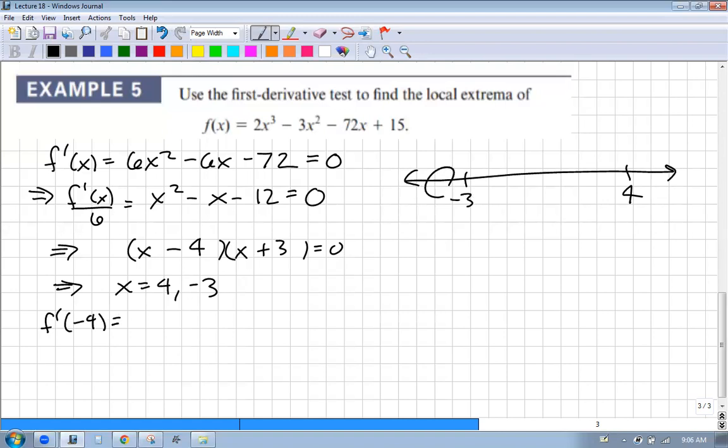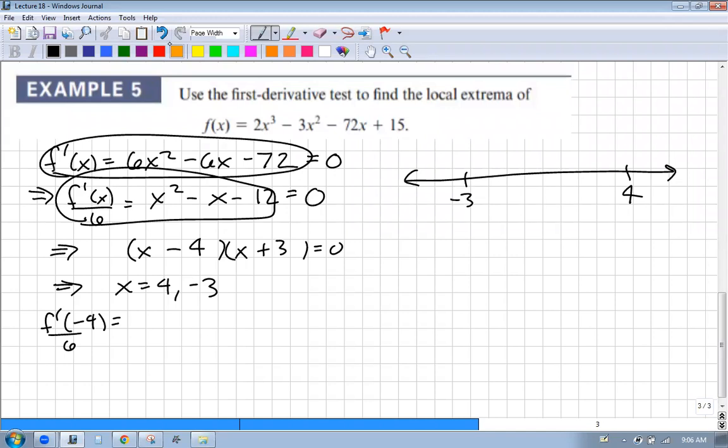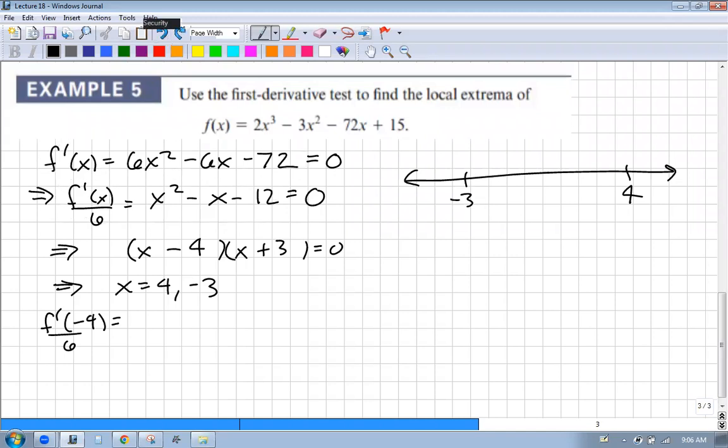Rather than plugging it into the full derivative, I just want to know if it's positive or negative, and if this is positive, so is the other. It's easier to plug it into this, because why multiply everything by 6? So this would be minus 4 squared minus a negative 4 minus 12. That's 16 plus 4 minus 12, which is positive.